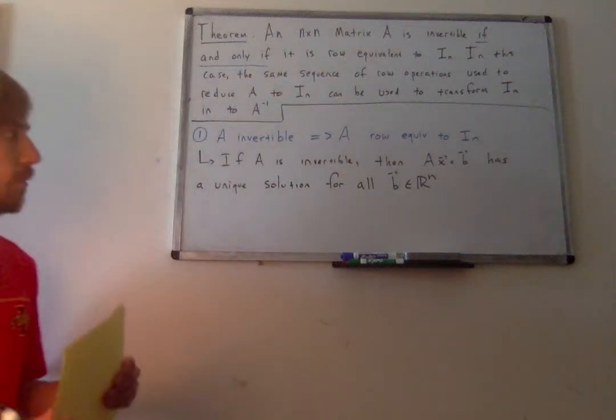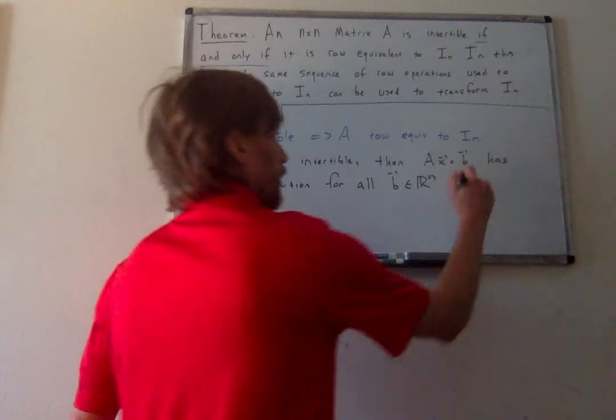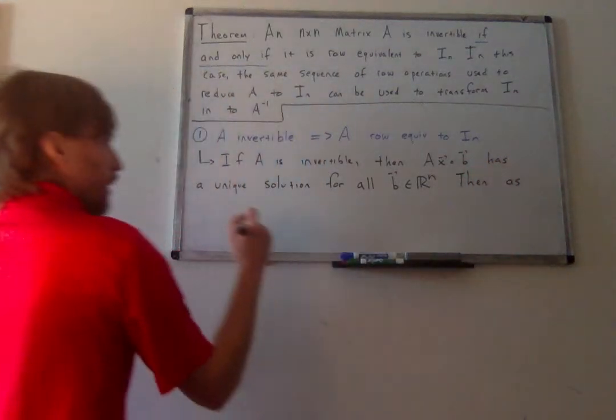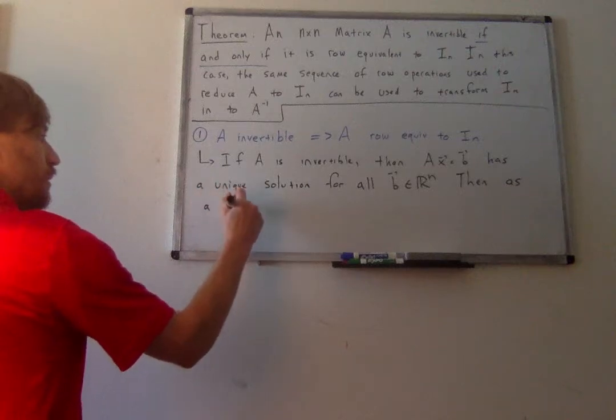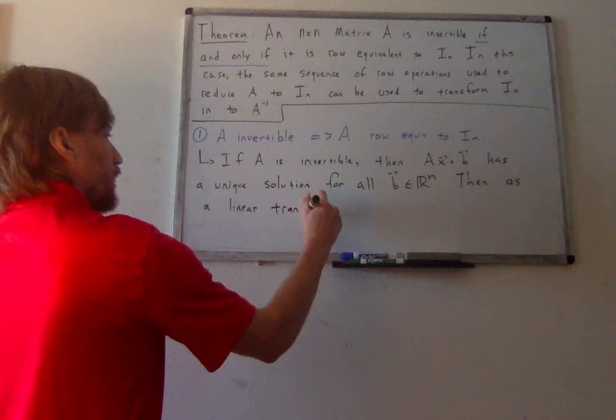So what does this mean? Well, thought of as a linear transformation, A is 1-to-1 and onto.